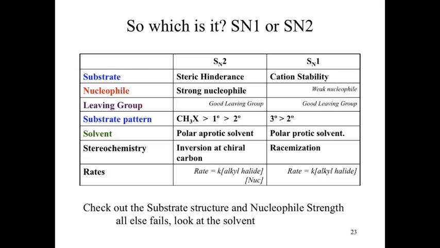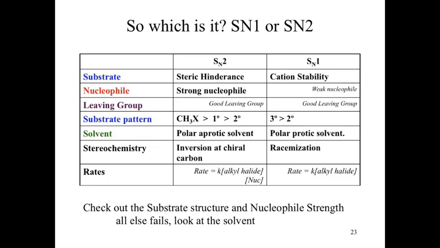So, deciding between your two mechanisms. Well, you need to go through and rank your substrate, your nucleophile, your leaving group, and your solvent. Okay, so what this table does is it summarizes those big bullet points on what you need to know to go through and do it. And you'll notice that the bolds are really your big, strong aspects that are really driving a lot of these. So what you would do is look out for your substrate structure and your nucleophile strength.